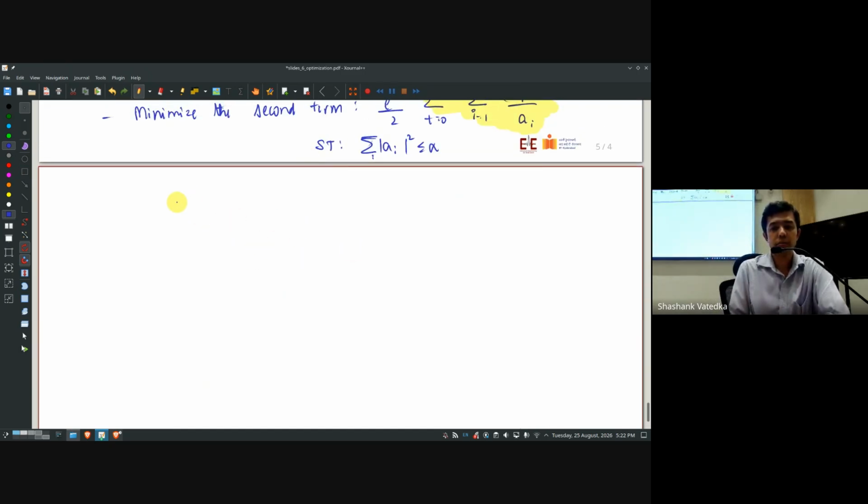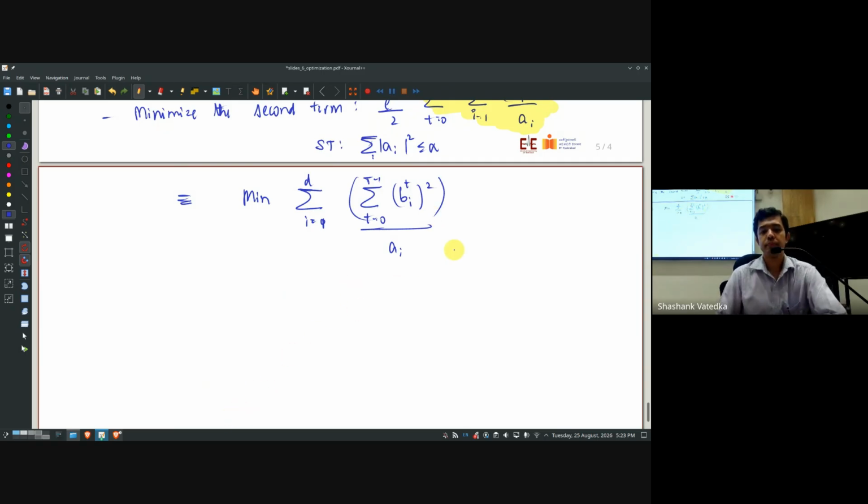So this is equivalent to minimizing the summation over i, just rearranging the order of summation, of the summation over t equal to 0 up to t minus 1 of b_i,t square divided by a_i. And the numerator is simply S_i,t.